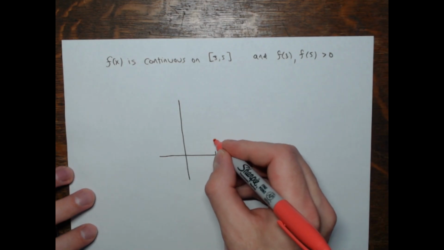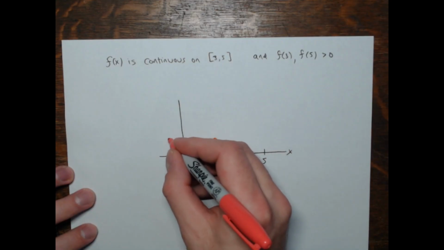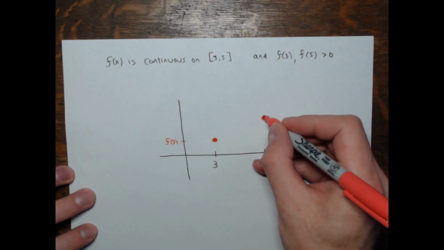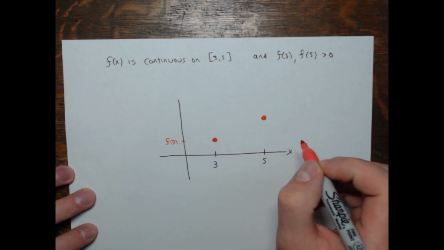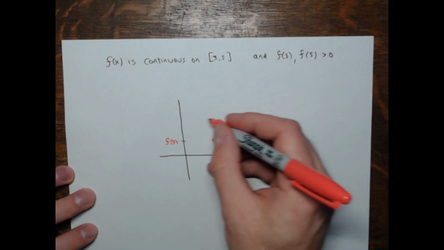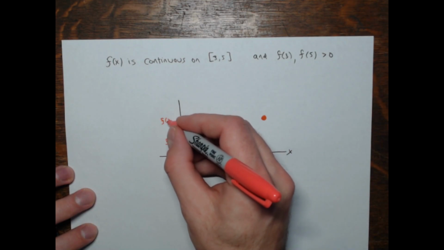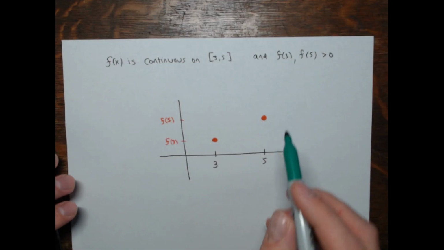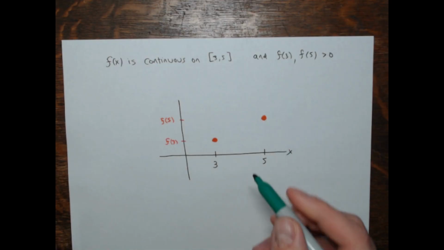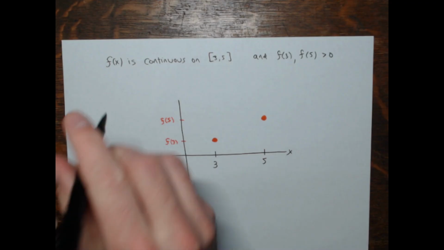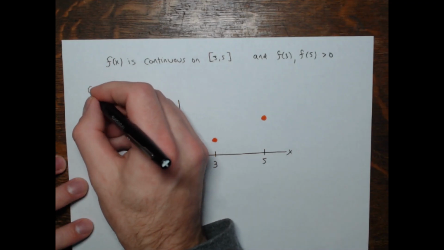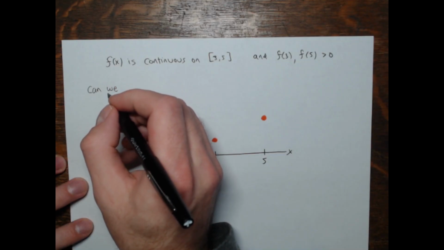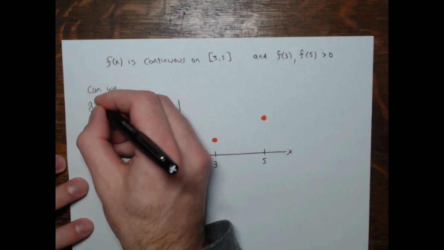I'll just make them so that they're different. So here's f of 3, positive, and then say f of 5 is something else. We're not told exactly what the values are. So I'm just going to say they're different, and here's f of 5, but they are both positive. And it's continuous. Now, question is, can we use the theorem, can we guarantee that f has an x-intercept?